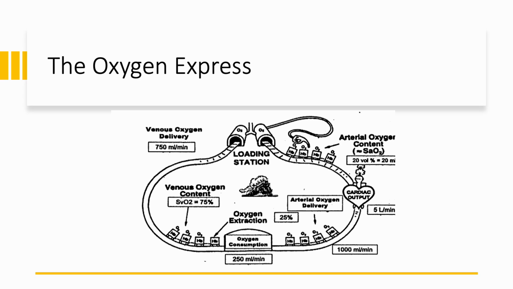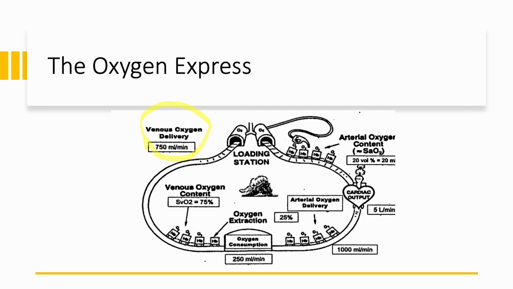This diagram illustrates the concept of oxygen delivery and consumption, which is crucial in understanding shock states. The venous oxygen delivery of 750 mL per minute represents the amount of oxygen delivered to the tissues via the venous system.